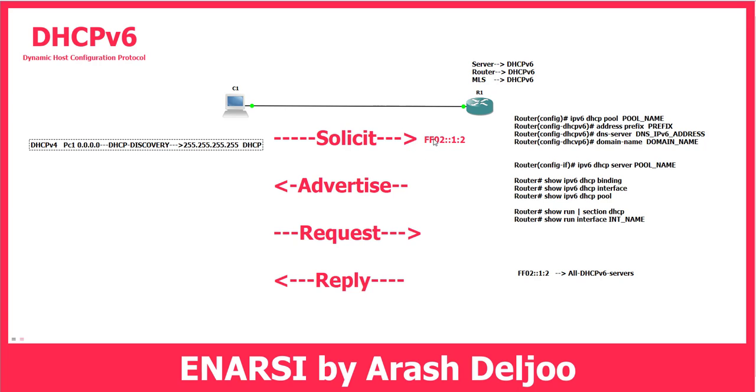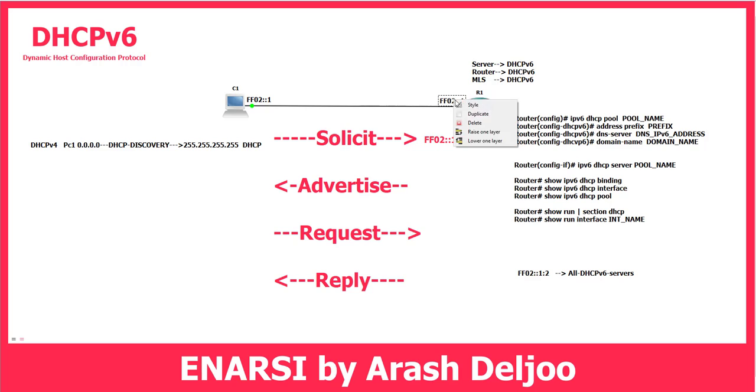Why? Look here. In IPv6 we have one specific reserved multicast IPv6 address for all DHCPv6 servers. This means that when you enable a DHCP server on a device, such as a server, a router, or a multilayer switch, that device will have this IPv6 address. For example, when we are using an IPv6 host, such as a computer or Router 1, we have the multicast address ff02::1 on that host.